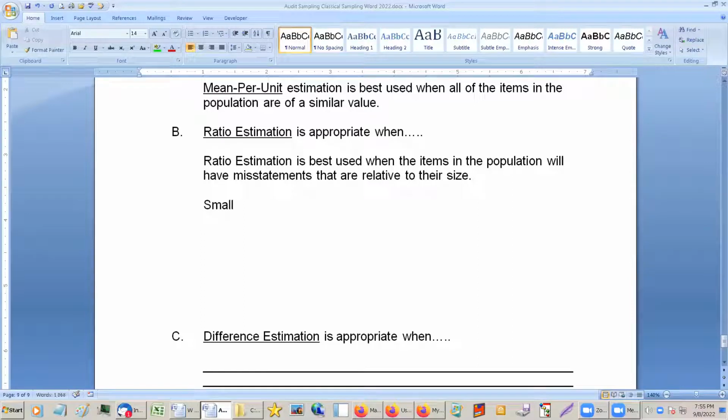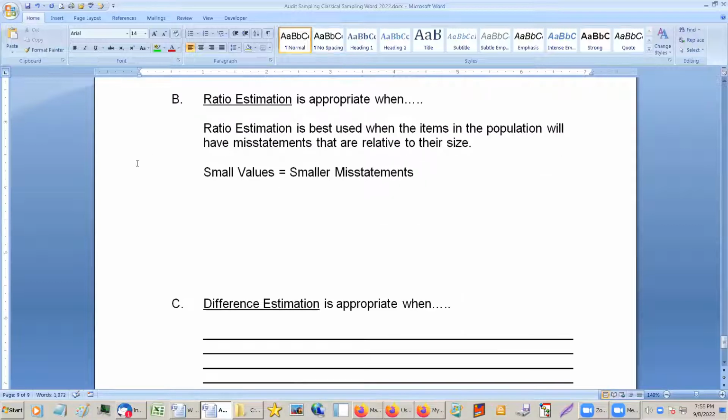The bigger the account, the bigger the potential mistake; the smaller the account, the smaller the potential mistake. So smaller values, smaller misstatements, and bigger ones, bigger misstatements.